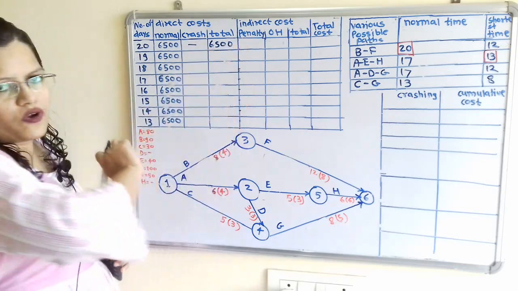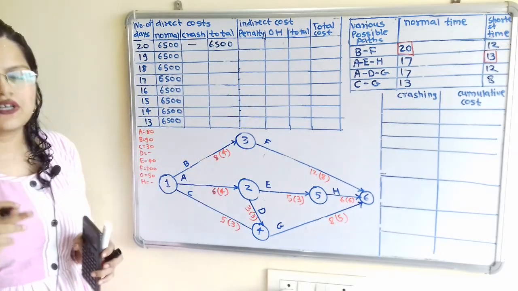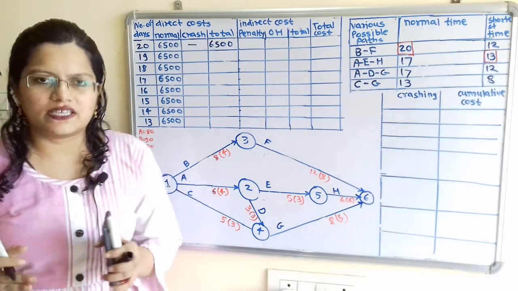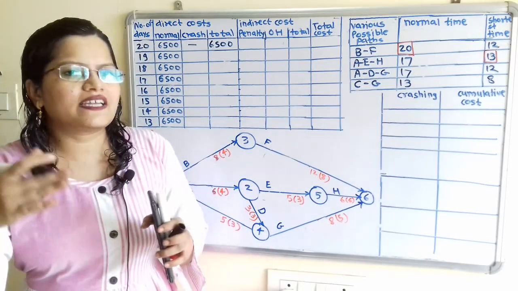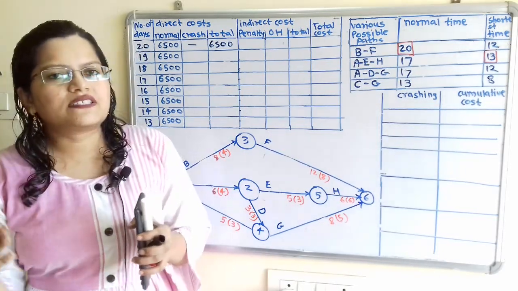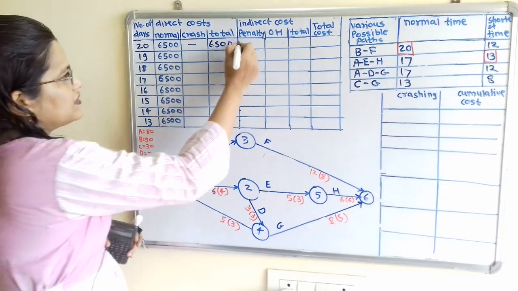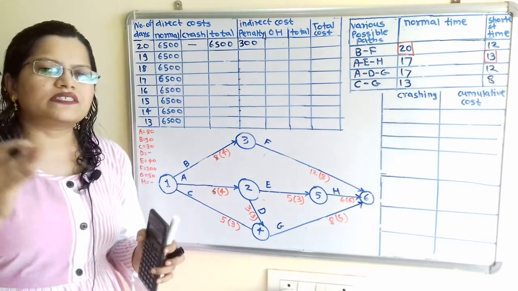Now indirect cost. So indirect cost here is penalty cost and overhead cost. So penalty cost is given rupees 100 after 17 days. So if we complete the project in 20 days, that is 3 days extra. So what is the penalty cost? 3 multiplied by 100, that is 300. Overhead cost is given 160 per day.